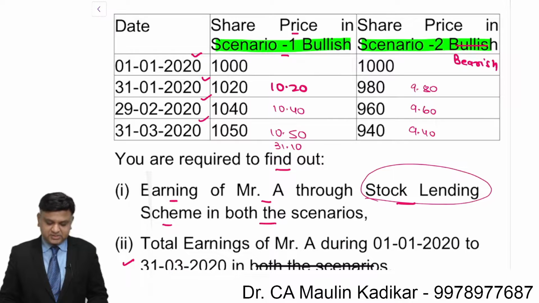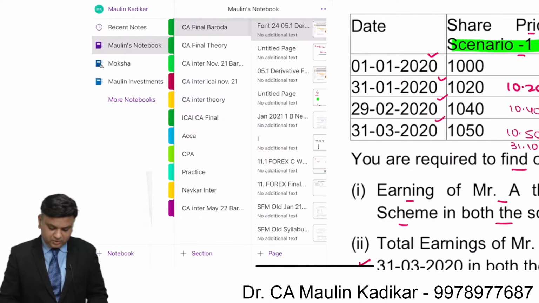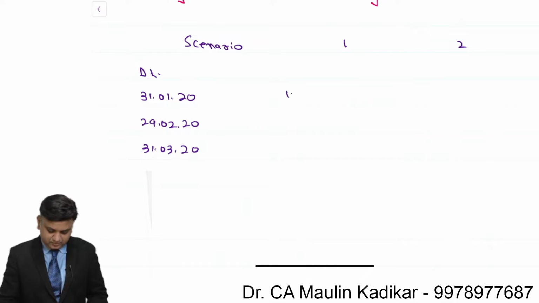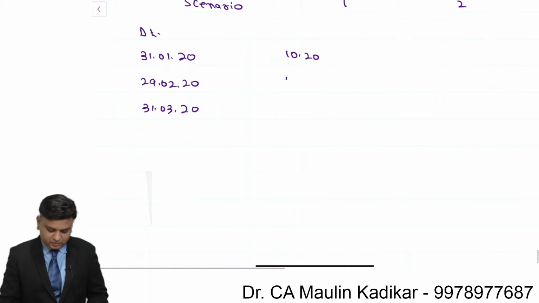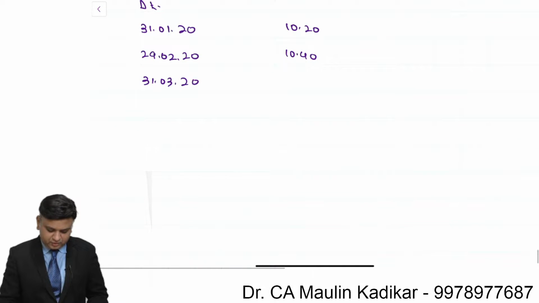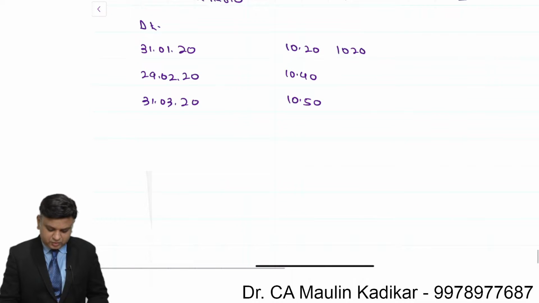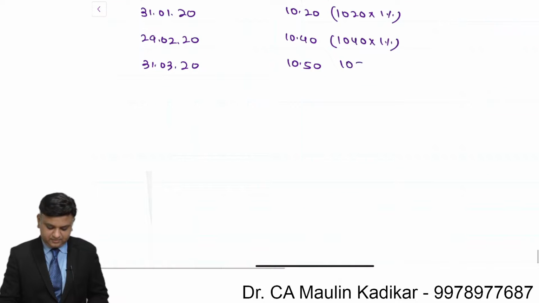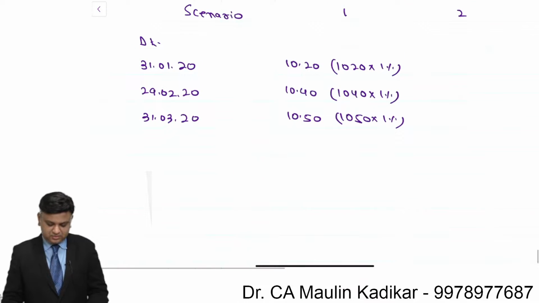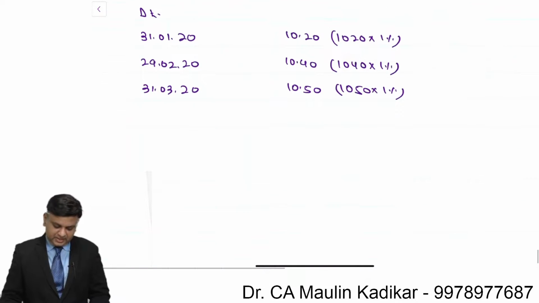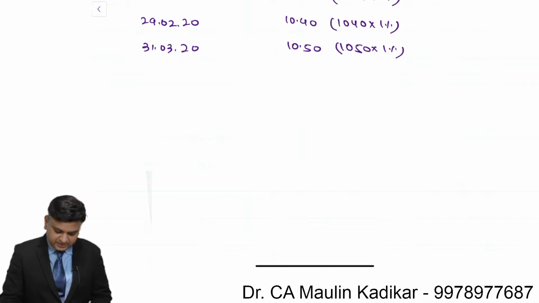In the first case it is 10.2, 10.4 and 10.5. So 1020 into 1%, 1040 into 1% once again, and 1050 into 1%. That is the way it comes to 31 rupees 10 paise.